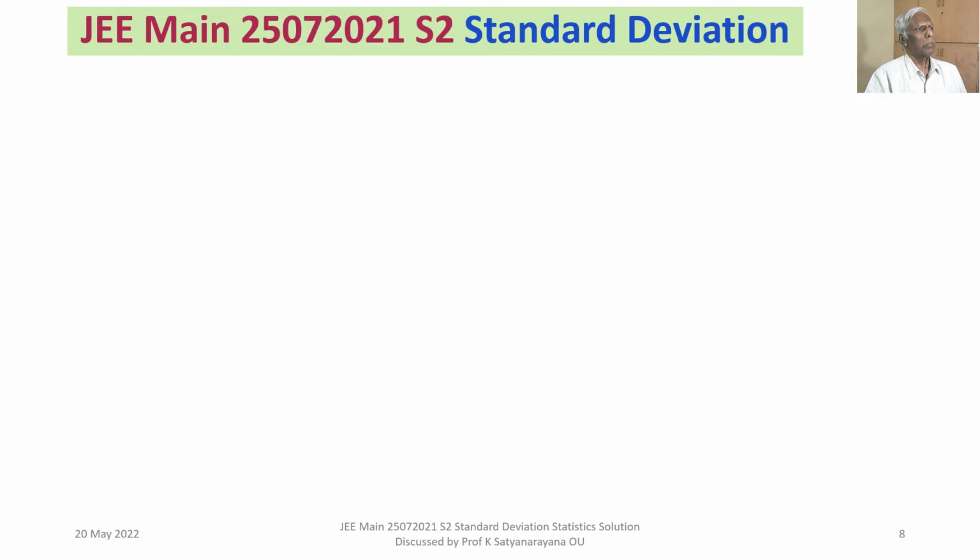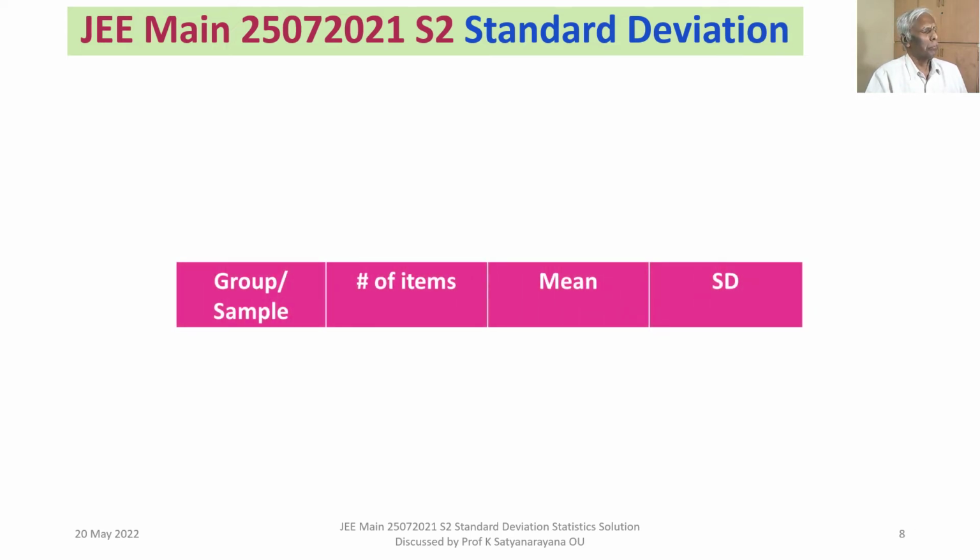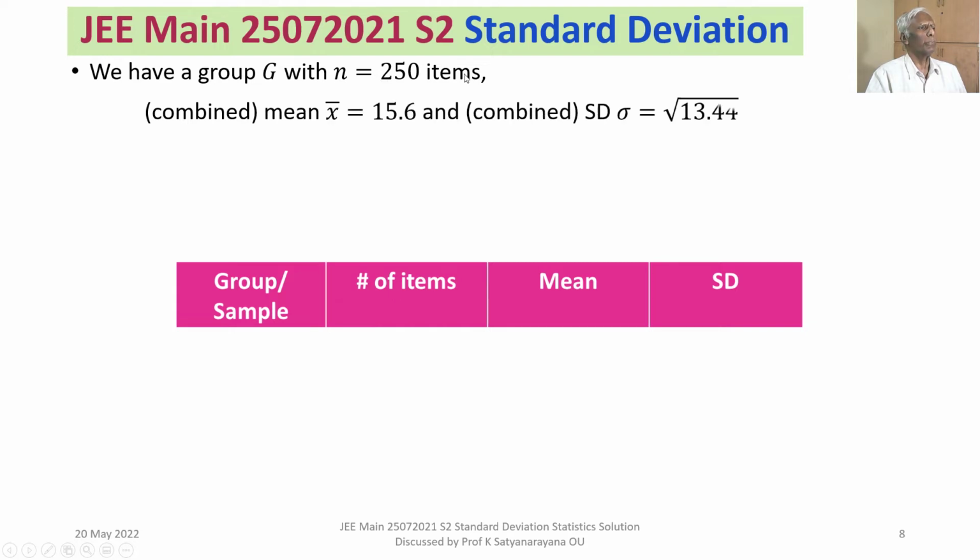Let's get into the problem. We make a table. We have a group G with n is equal to 250 items, mean x bar is equal to 15.6 and standard deviation sigma is under the square root of 13.44.